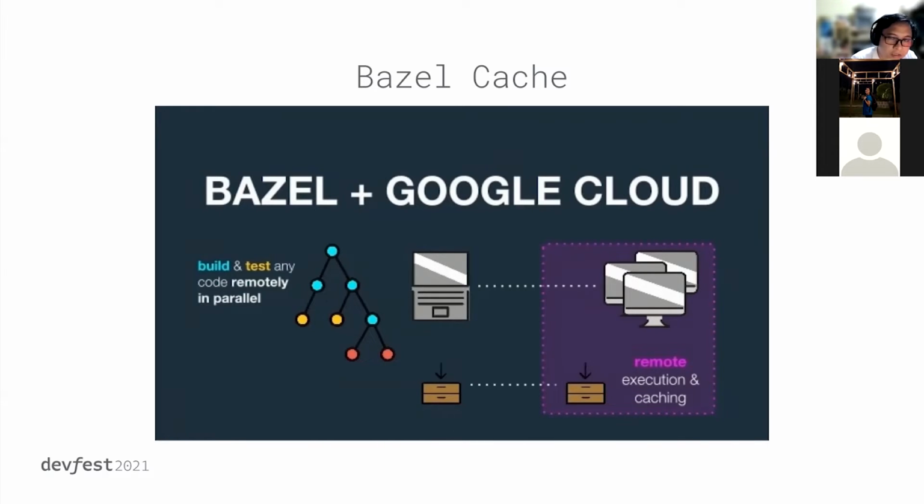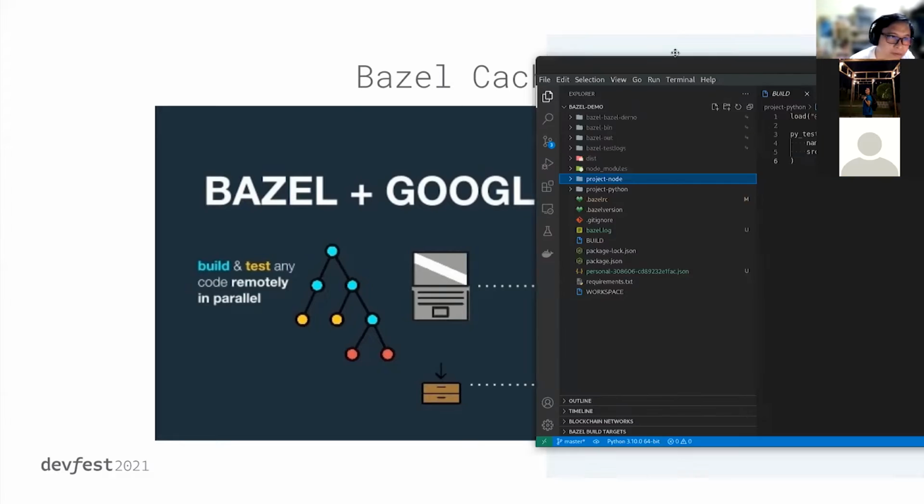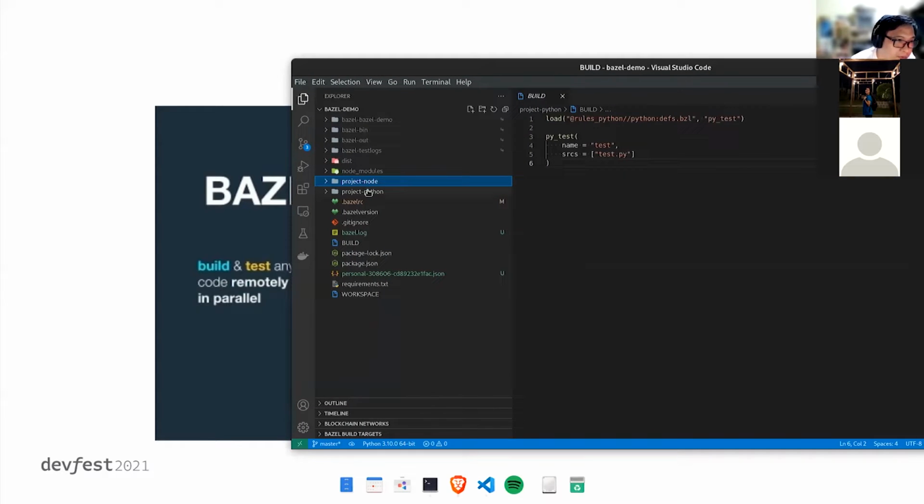So Bazel has its own targeting mechanism. For example, based on this example, if we have only added changes for the node project, then only the node project should run in the CI build.